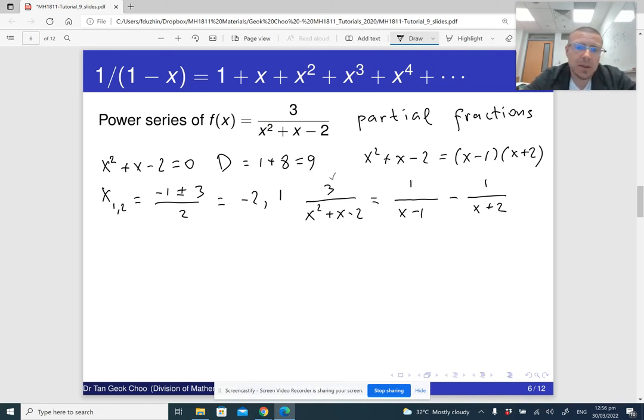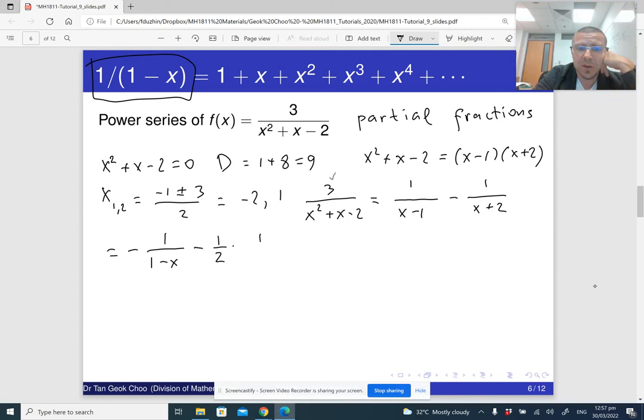Okay, and now I've got to change it to the right form, to something that looks like 1 divided by 1 minus something, right? The first term here is 1 over x minus 1. So it's easy, it's just minus 1 over 1 minus x. And to get the right form for the second term, I've got to take out 1 half, right?